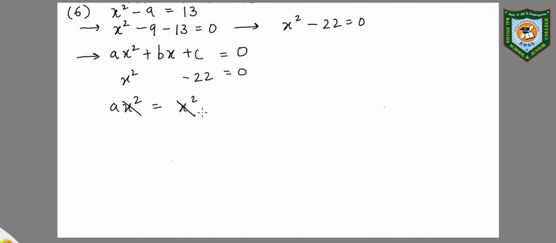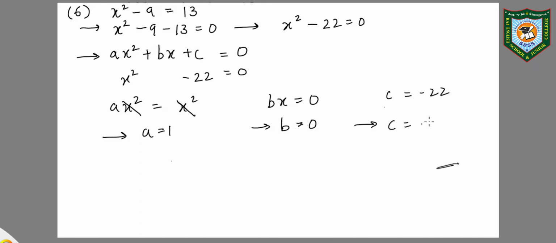X square cancels. This means a is equals to 1, and I have bx is equals to 0, which implies b is equals to 0. As we don't know what x is, we have to assume b is 0. And then we have c is equals to minus 22. So this is my solution for sub question 6.